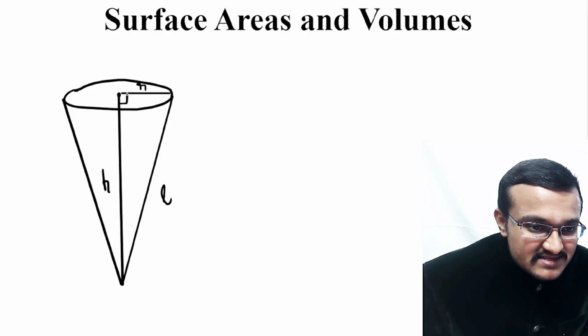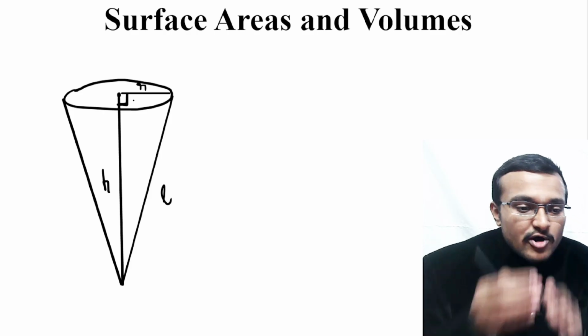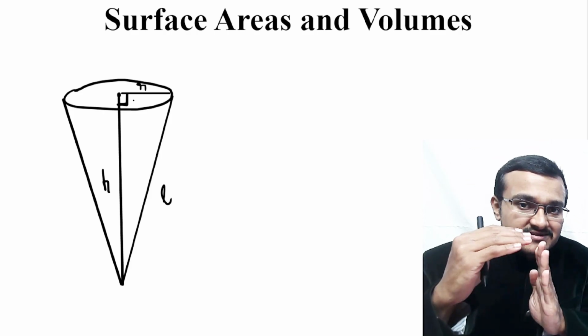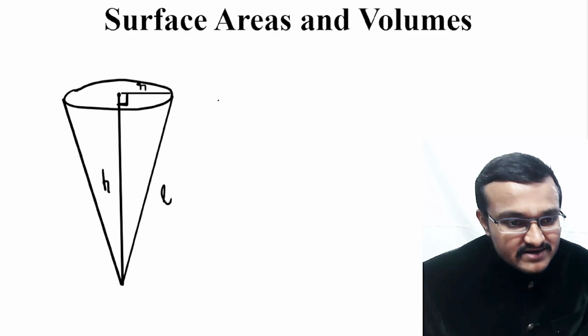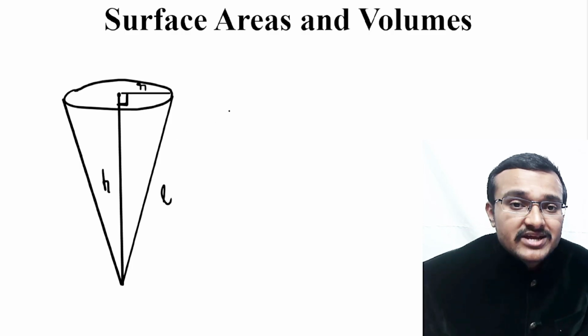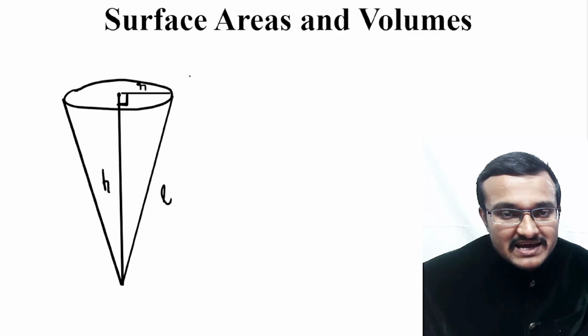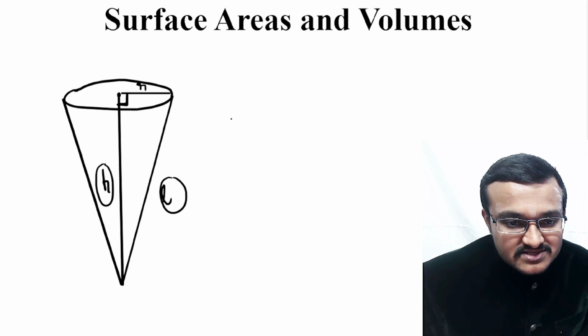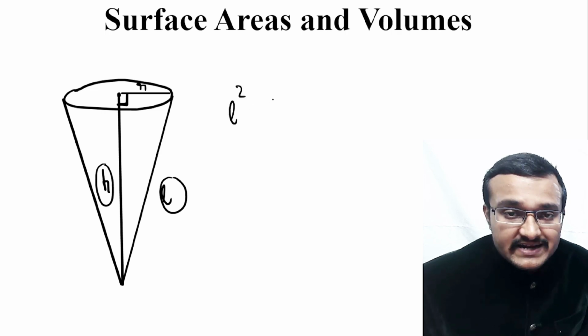Here you can see a right angle triangle is formed, where l acts as the hypotenuse, and h and r act as the other two sides. So you can use the Pythagoras theorem to calculate the value of l or h. What is the Pythagoras rule for a right angle triangle?